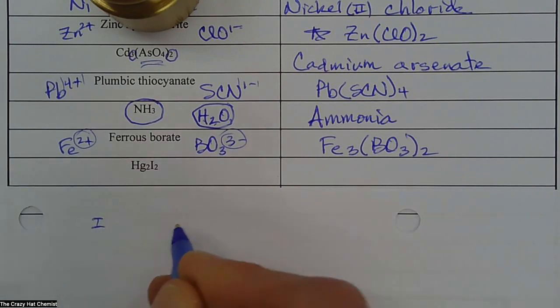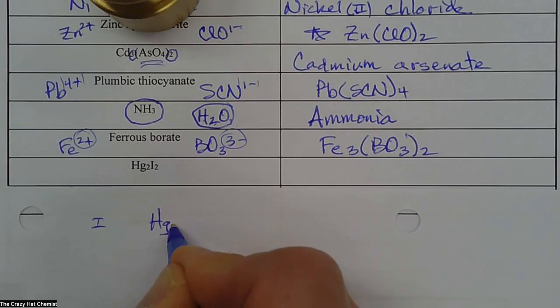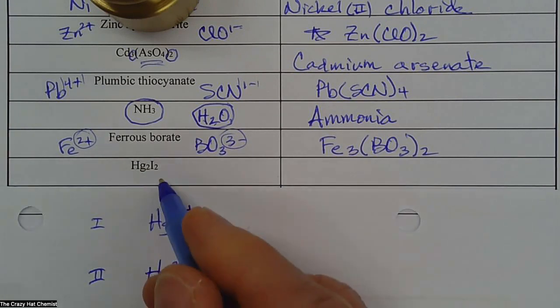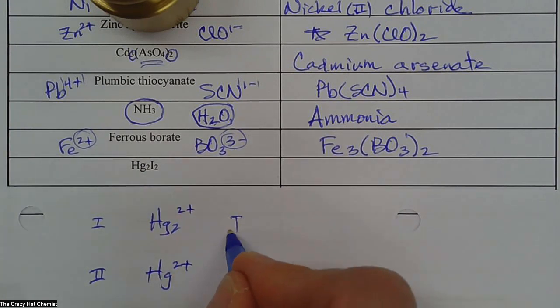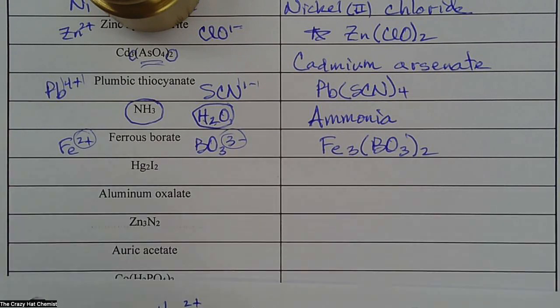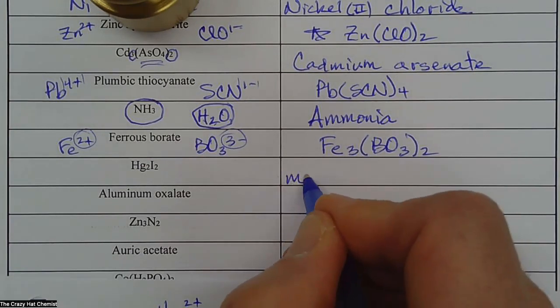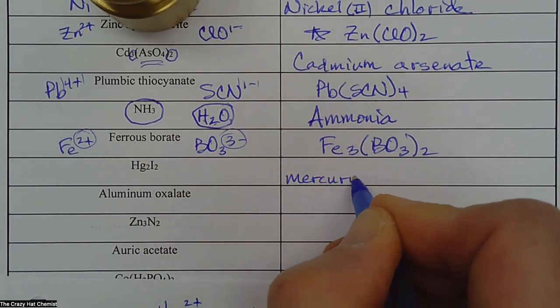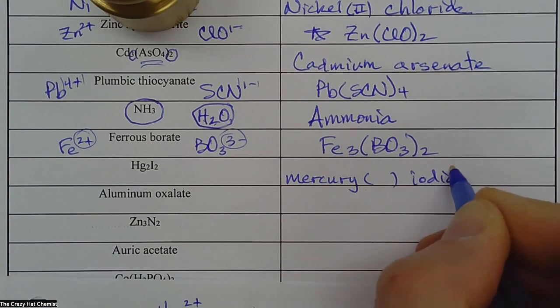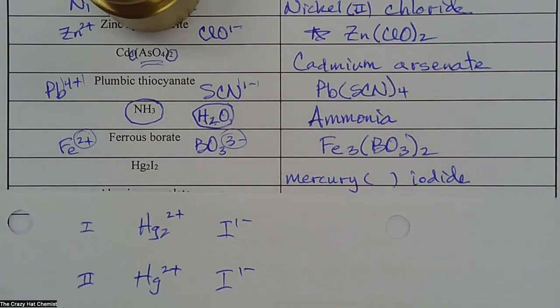So mercury 1 is Hg2 2 plus. Mercury 2 is Hg 2 plus. And this is iodide. So I 1 minus, I 1 minus. So really, just from what we have here, we can write mercury, parentheses, iodide. But we need to figure out what goes inside the parentheses.